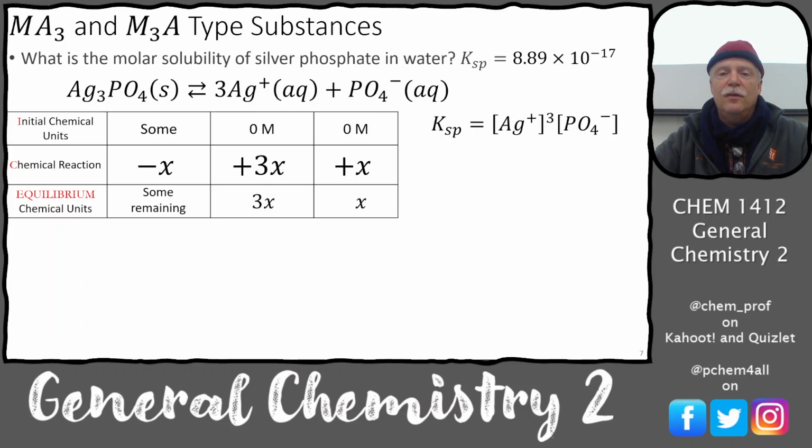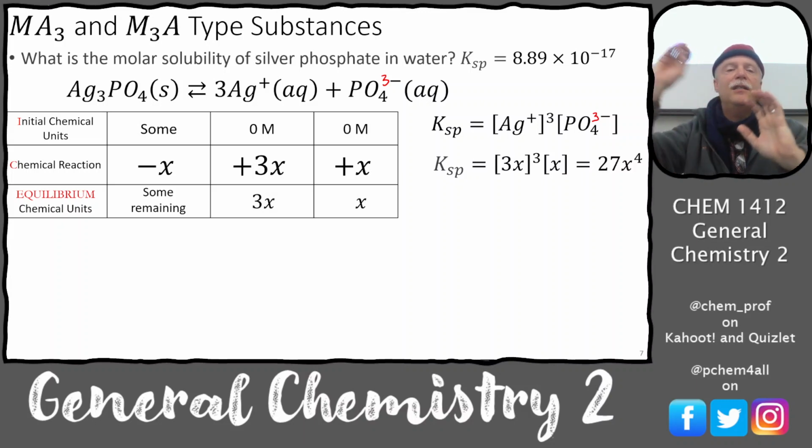So then we have silver phosphate, and these cations, go ahead and put a 3 up here. So this is 3 minus, again, copy paste error on my part. So the phosphate 3 minus, that way the charges match. And then at equilibrium, we end up with 3x cubed.